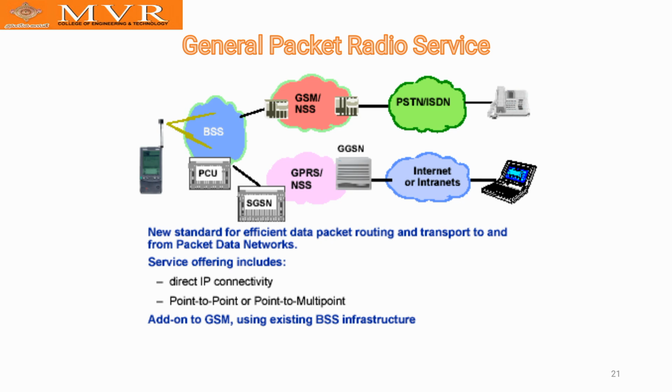Those GPRS connect with GSM, the PSTN or ISDN for telephony, and the internet, as an interface in our portable networks. Okay, a new standard and essential data packet routing and transport to and from the packet data networks. These services include direct IP connectivity and point to point or point to multipoint, added on to GSM using the existing BSS infrastructure.